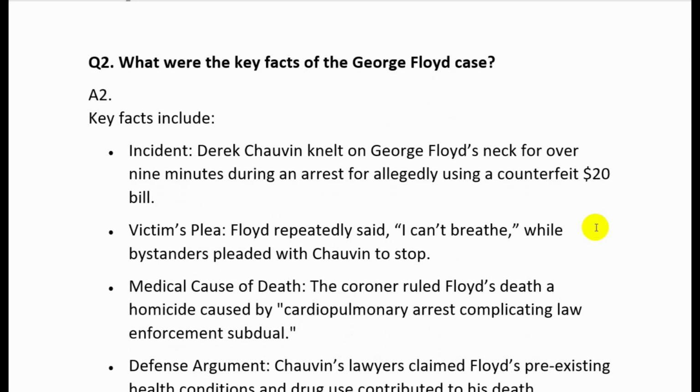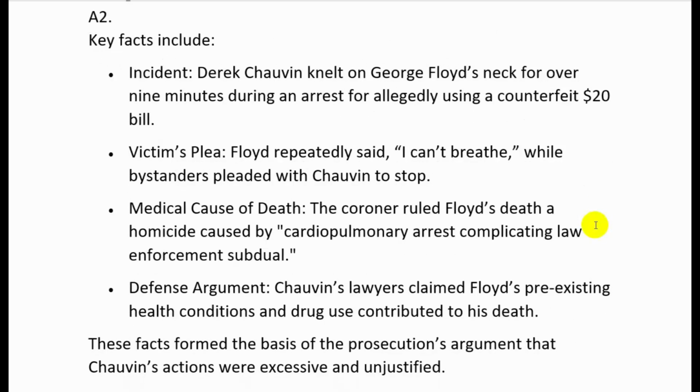What were the key facts of the George Floyd case? Key facts include the incident, that is, Derek Chauvin knelt on George Floyd's neck for over 9 minutes during an arrest for allegedly using a counterfeit $20 bill only. Victim's plea: Floyd repeatedly said, "I can't breathe," while bystanders pleaded with Chauvin to stop.